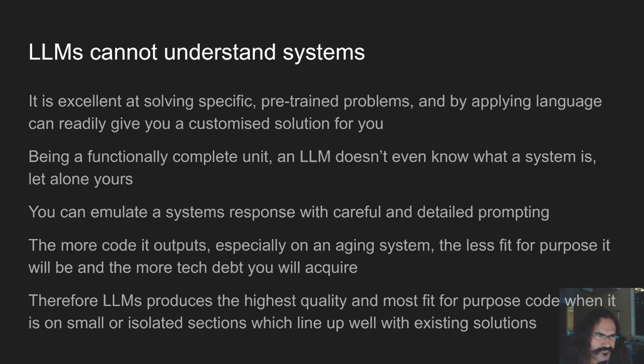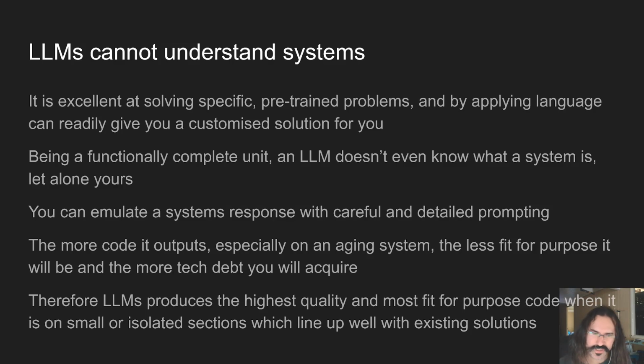So an LLM is extremely good at solving specific pre-trained problems, and because it's good at language, you can apply that language and it will readily give you a good customized solution. However, being a functionally complete unit, an LLM doesn't even know what a system is, let alone what your system is. You can kind of emulate a system's response with careful and detailed prompting.